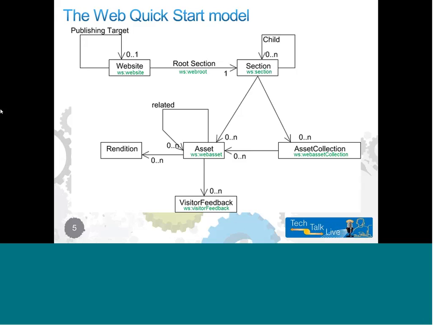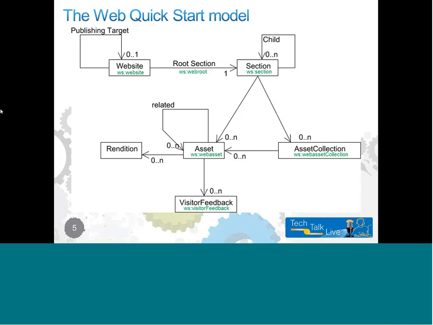Okay. So this is a basic diagram that shows the model. Obviously, we're modeling a website in the repository. The items in green on the screen are the content types that relate to these particular concepts. In the case of a website, there's a content type called ws:website.